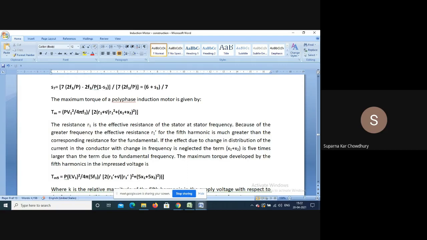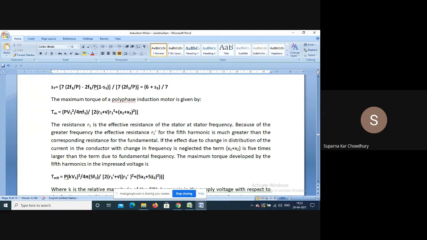So it will be P into k V1 squared divided by the speed of the fifth harmonic, 4 pi 5 f1, divided by the impedance, so root over of R1 dash and so on.